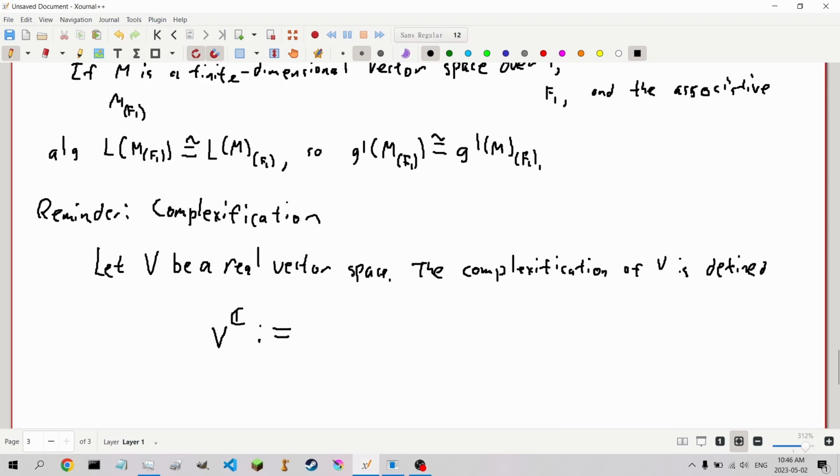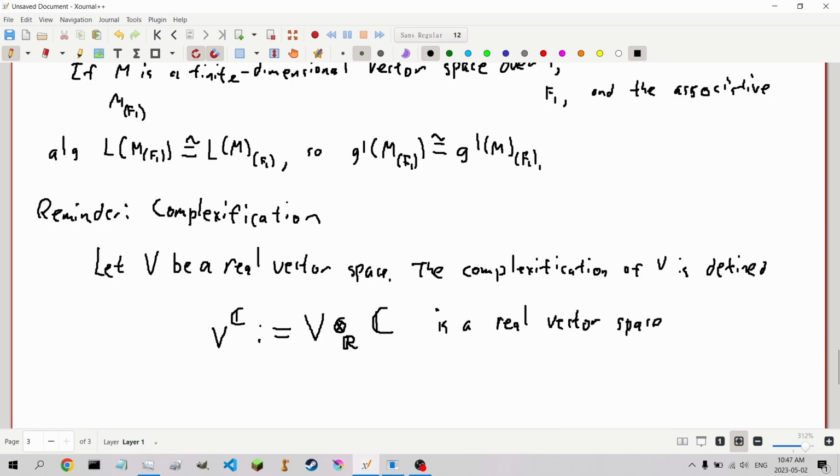And this is the real tensor product of V by C. And so this itself is just a real vector space still, despite what it looks like.